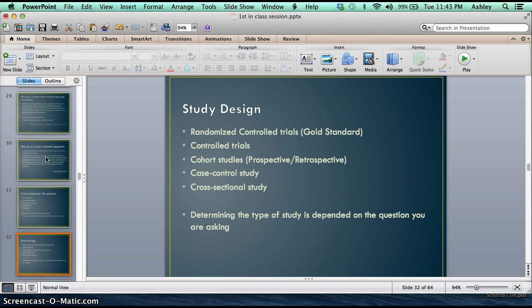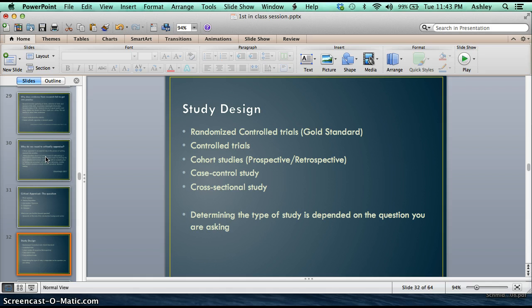Okay, most cross-sectional studies that you will see will be, what's an example? Like diagnostic studies, okay? So those are the studies that you will probably see the most within this class. So get to know them very well because you will see these a lot.